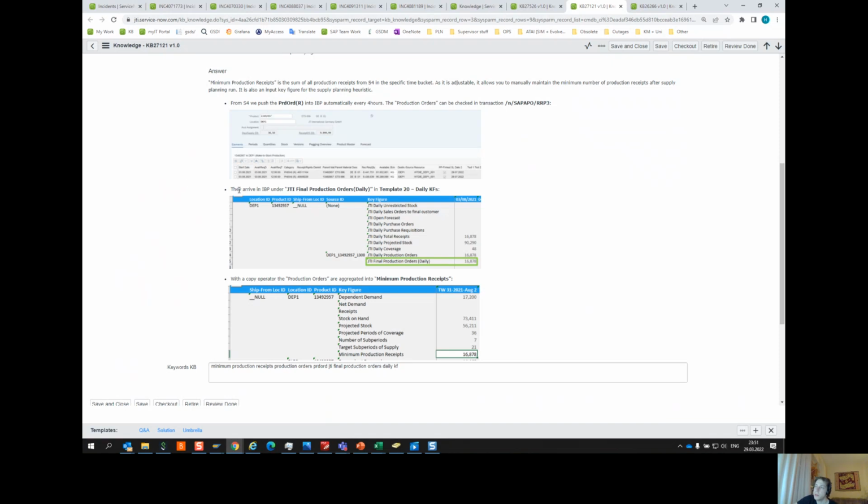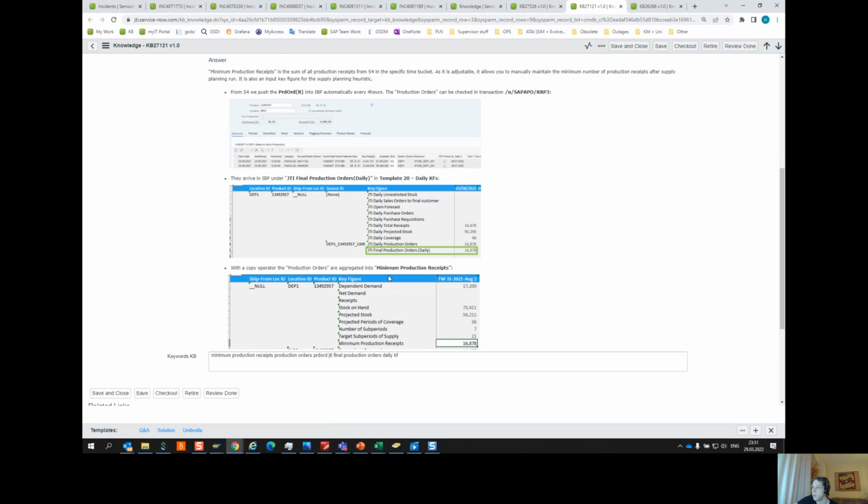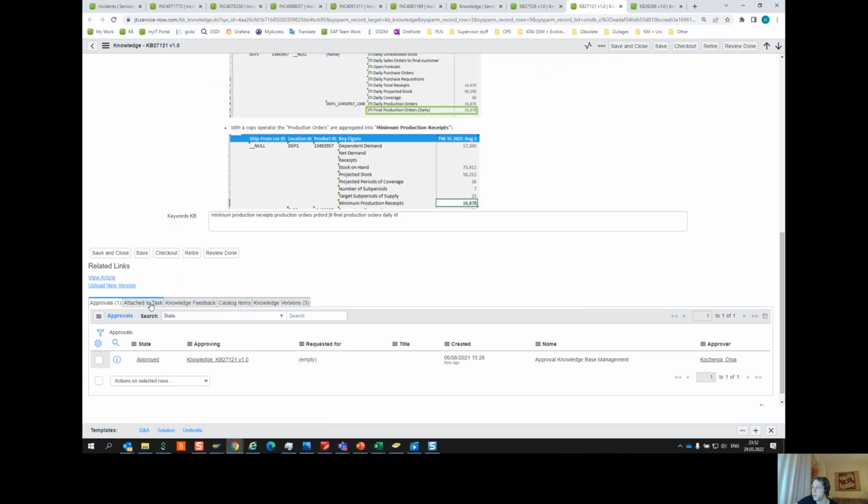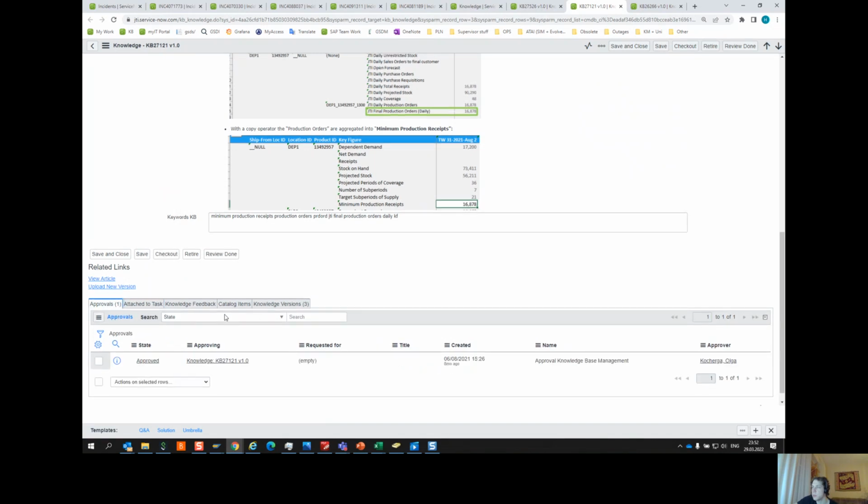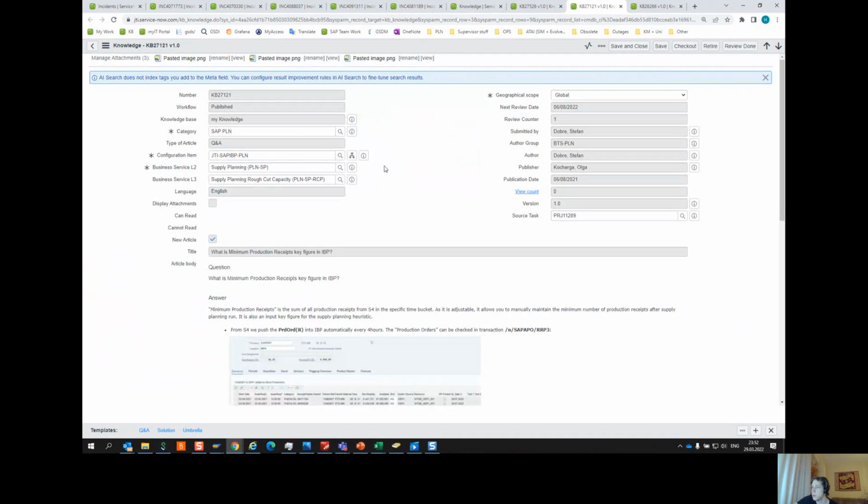But every 4 hours, it should be transferred to IBP as a key figure. So there is some data aggregated from SAP, and it is finalized in these values in IBP. Well, nice to know it. There are no incidents where this task was attached ever, but maybe it will be useful at some point.